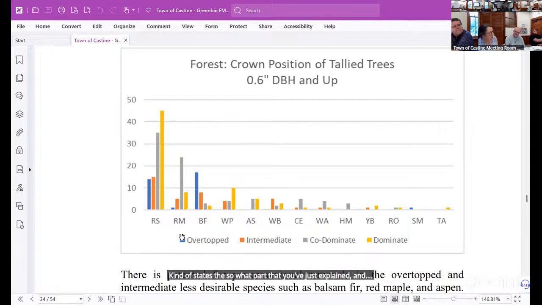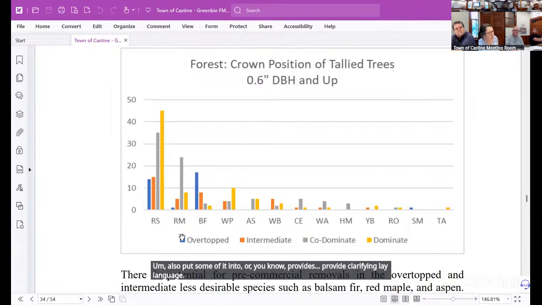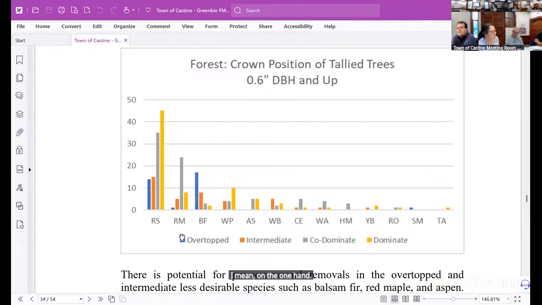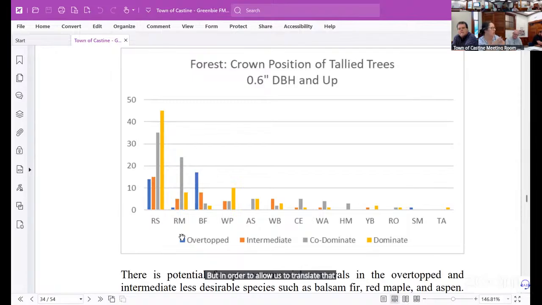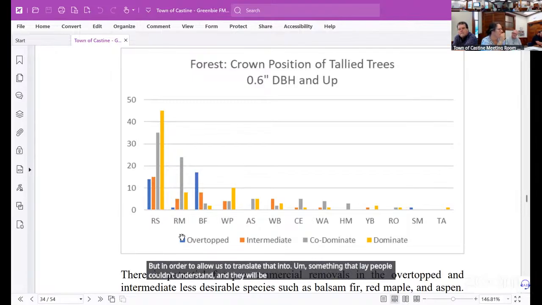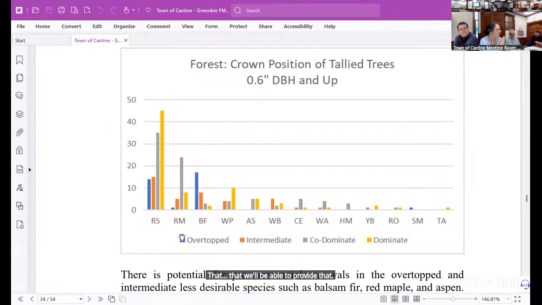And also provide some clarifying lay language, maybe a glossary at the end, like overtopped means X, Y, and Z. I mean, on the one hand, you're doing a professional forester report, and we don't need that, but in order to allow us to translate that into something that lay people can understand and that we'll be able to present in August, that will be able to provide that explanatory. I wanna say it so I don't forget to follow up with you.